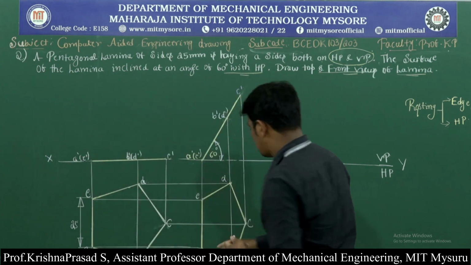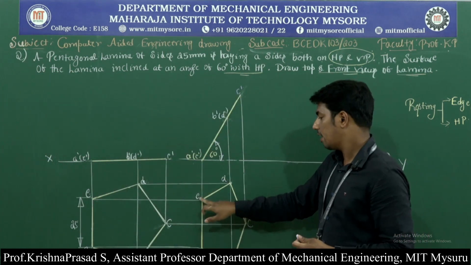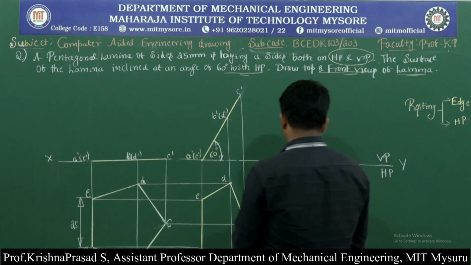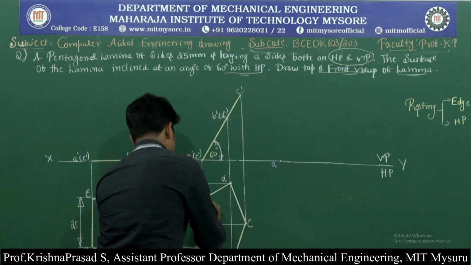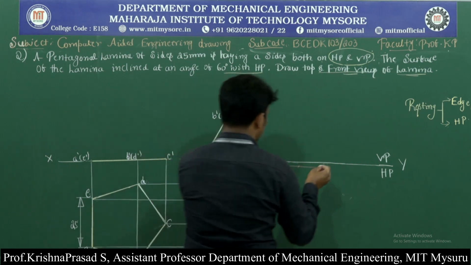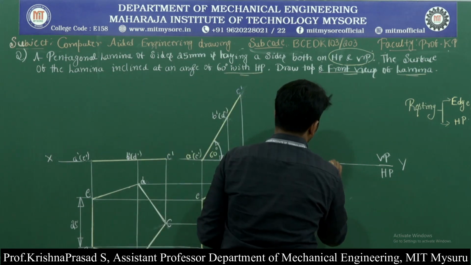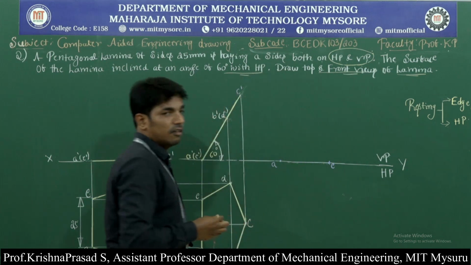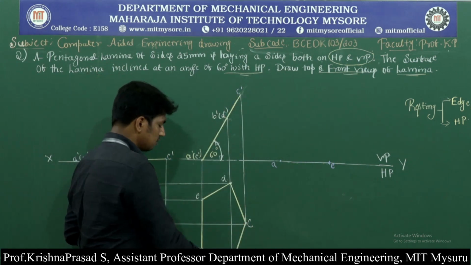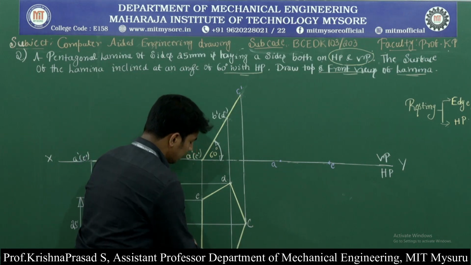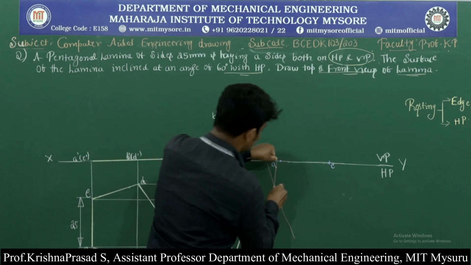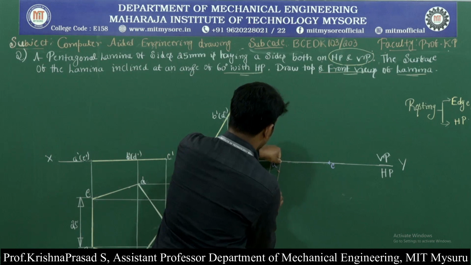So first mark the corners A and E on the XY line. First mark the point A and measure the distance of AE and mark the point E. Then we need to mark another 3 corners B, D and C. So for that, take the distance of AB and draw the arc.